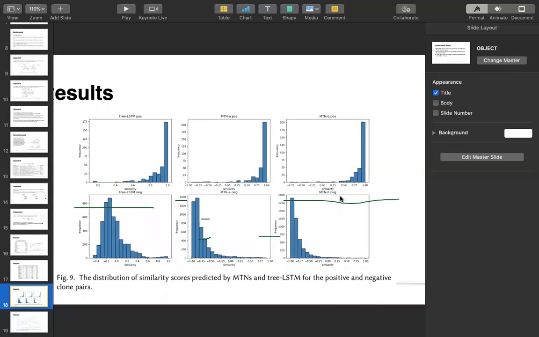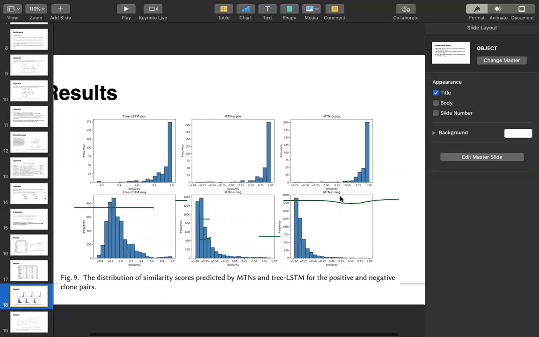And for the 3LSTM, the distribution is also spread, which means the result is not very consistent.